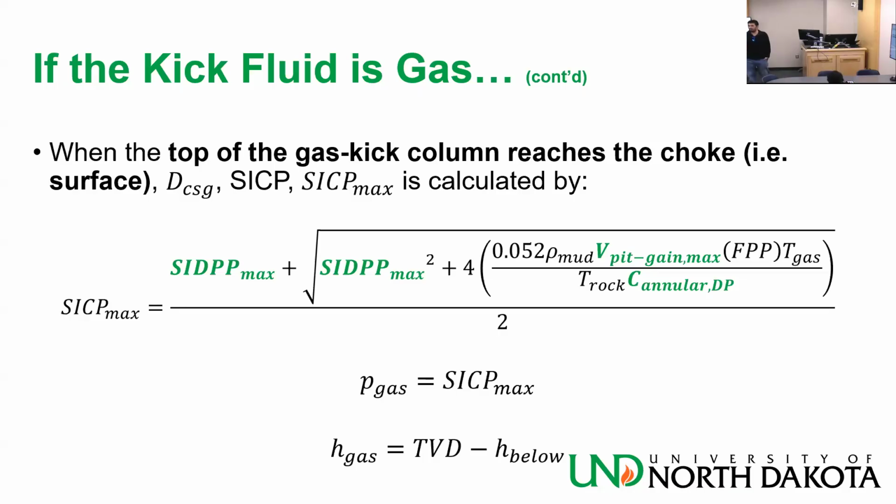So probably at that point, you're going to have the choke as open as you will have it throughout the whole process. The gas volume is V pit gain times the annular capacity, not V pit gain as a function of it. I think in the homework it was like 6,600, something like that, and it stays the same, so it doesn't change.